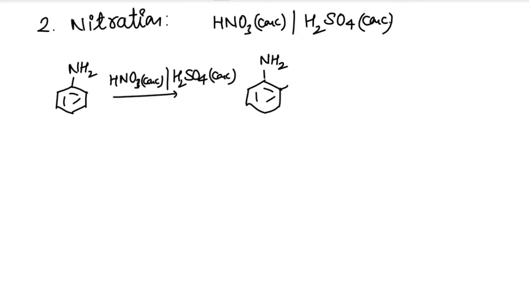So, obviously we have in mind that ortho and para products are formed, and only these two, and para should be major. But surprisingly, along with this, meta product is also formed.